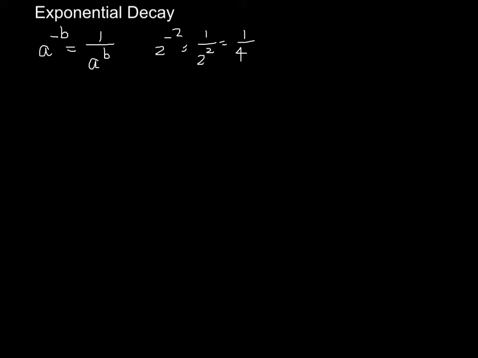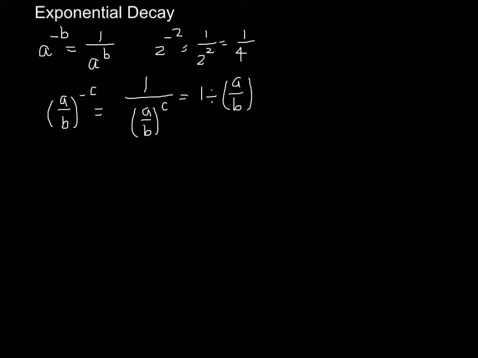a negative exponent. For instance, you may have something like a divided by b exponent negative c. Again, we can write this as 1 over (a over b) exponent c, but 1 can be written as 1 over 1.